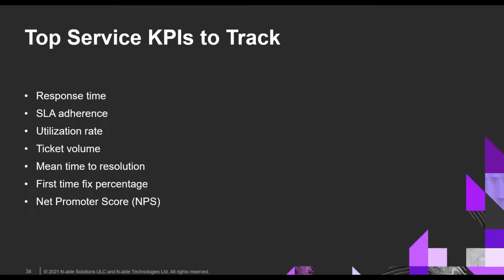And the seven that we like to start off with, because they are the biggest indicators of efficiency, at least in Dave Wilkeson, the author of this PowerPoint's mind, and I tend to agree, are response time, SLA adherence, utilization rate, ticket volume, mean time to resolution, first time fix percentage, and net promoter score.